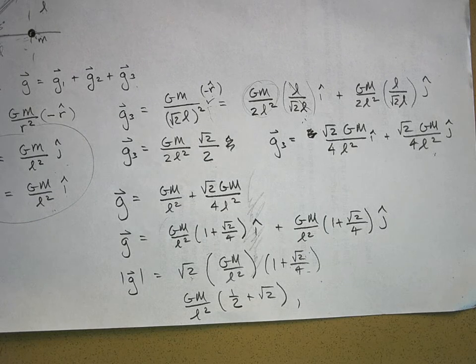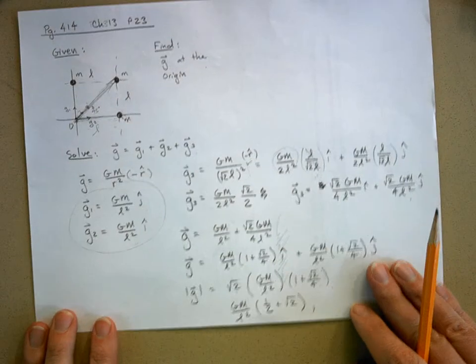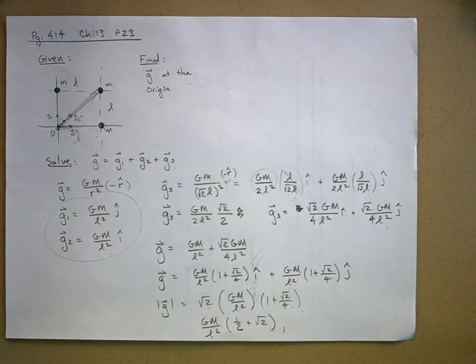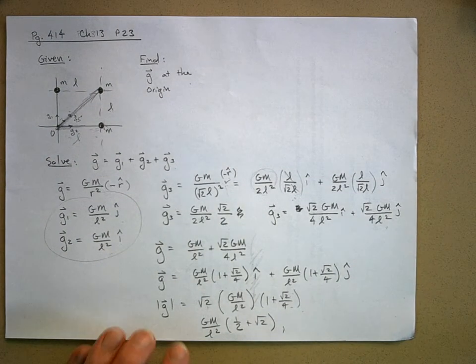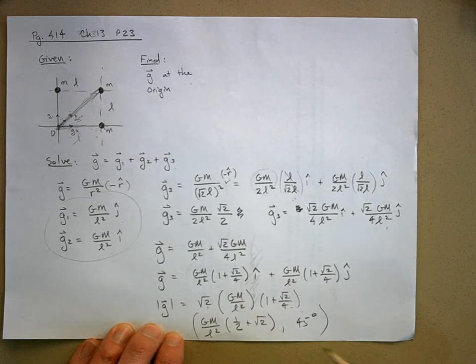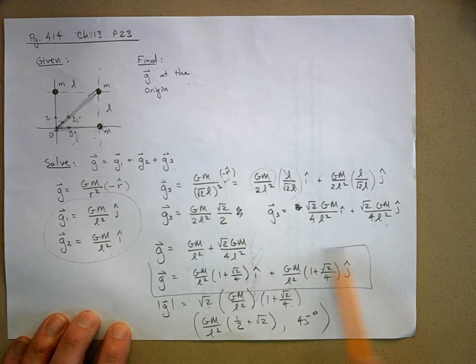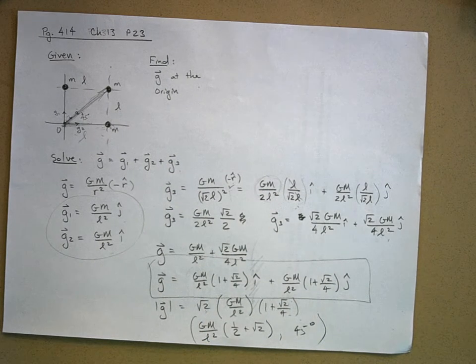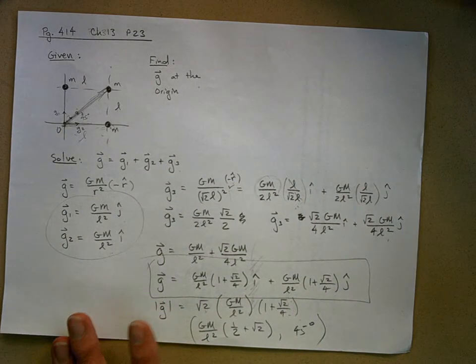So, geez, I must have done it right. Okay, so here's the whole thing right here. I'll just put 45 degrees. I like that better. I would have just left it like this. But either way, that is all.